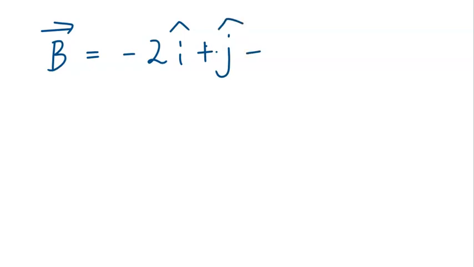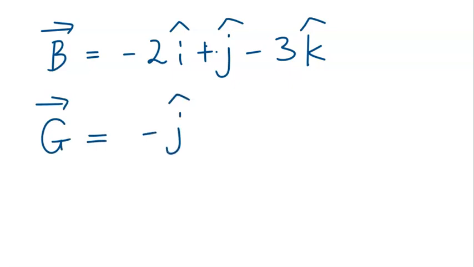This is how we write a generic vector in terms of unit vectors. Vector b with an x component of -2, y component of 1, and the z component of -3, for example, right? Or vector g, which is minus j hat plus 5k hat. So just examples.